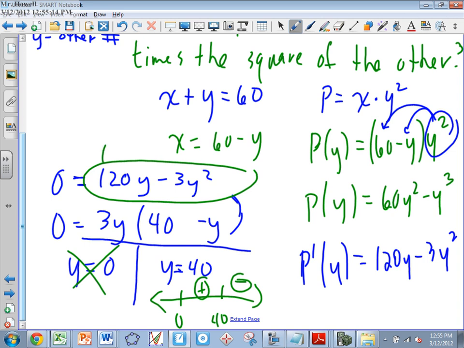So plug in 50, you're going to get 6,000 minus 7,500, and you end up with negative 1,500.